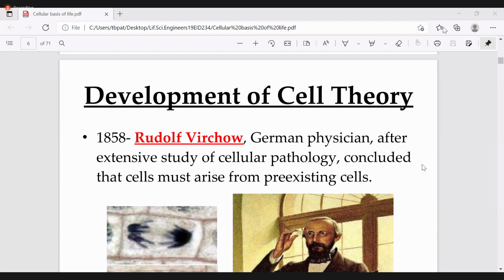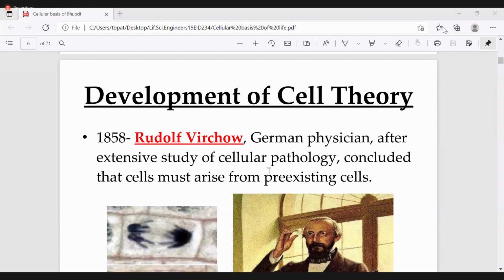Then Rudolf Virchow, a German physician, extensively studied cellular pathology. Pathology is nothing but the study of disease-causing organisms.